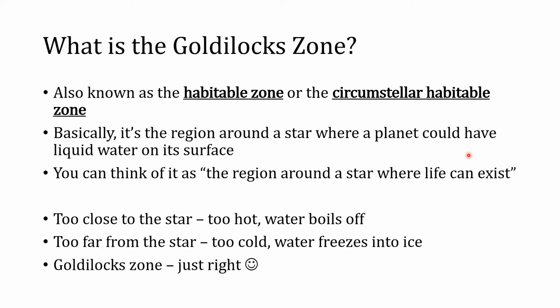More generally, it's the region around a star where a planet could have liquid water on its surface. But you can think of it as basically the region around a star where life can exist. Now, that's not to say that every planet with water on it is going to have life on it.